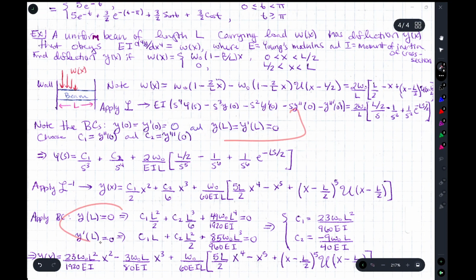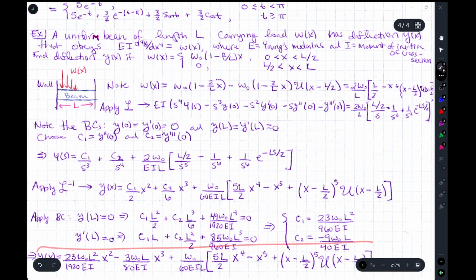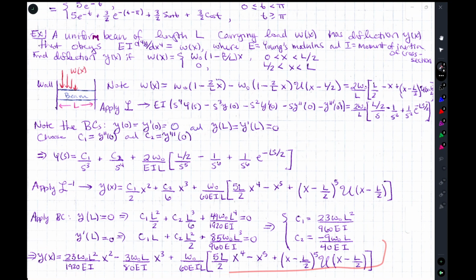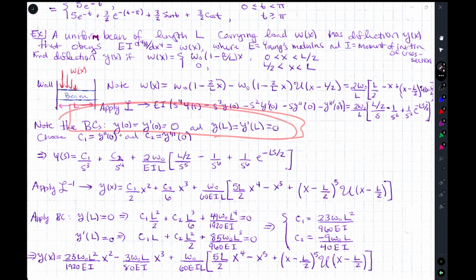So we apply these two boundary conditions, we get these equations, which give us C1 and C2, and we end up with this final solution once we substitute for C1 and C2. Okay, this is a fourth order equation, and so that's what gave us the wiggle room to do this, and eventually find C1 and C2 by applying these boundary conditions. So these are the actual boundary conditions that we used.